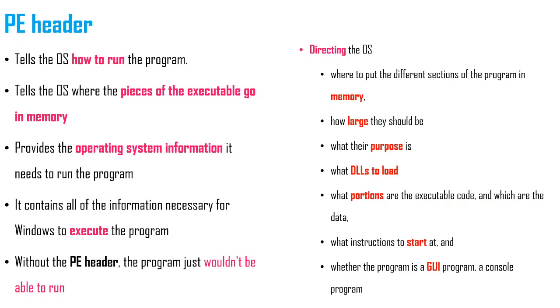So we can say it directs the OS. The PE header directs the OS where to put the different sections of the program in the memory of the particular system.